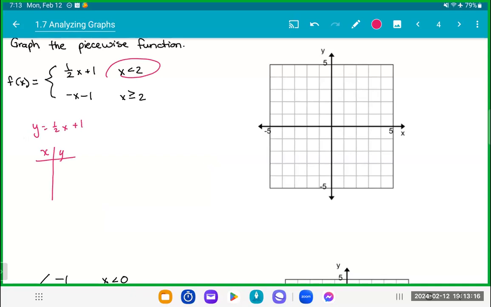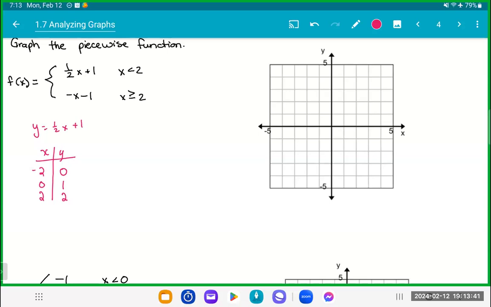So we'll get a hollow dot at 2 and then solid dots for everything else. So let's just do -2, 0, and +2. So when I plug in -2, I get -2 times 1/2 is -1. -1 plus 1 is 0. If I plug 0 in there, I get 1. If I plug 2 in there, I get a 2.